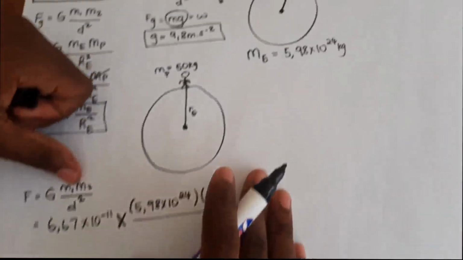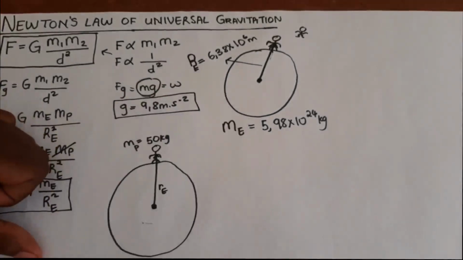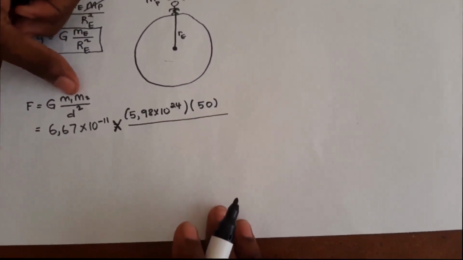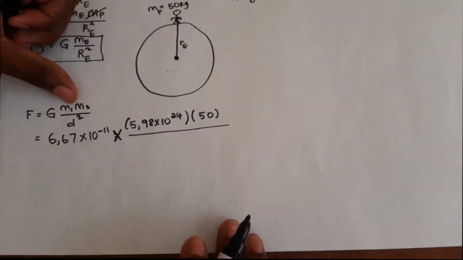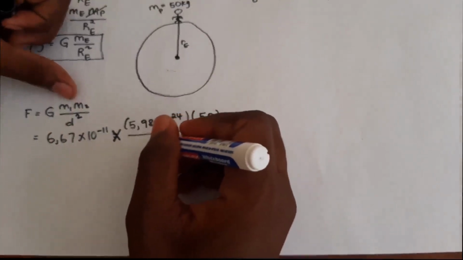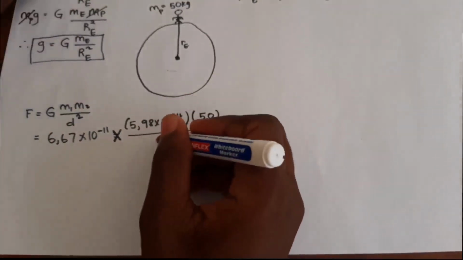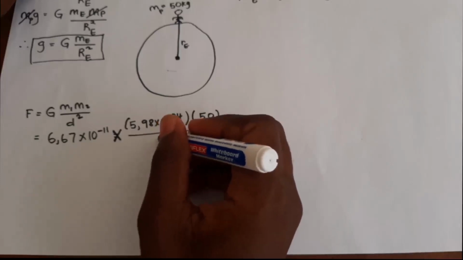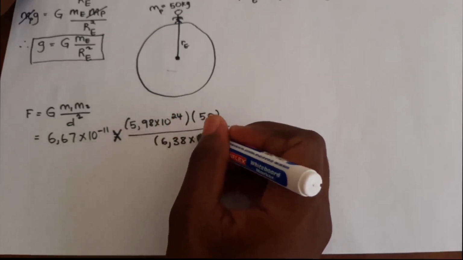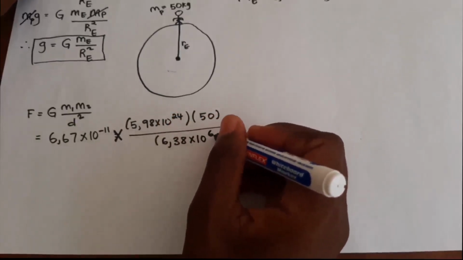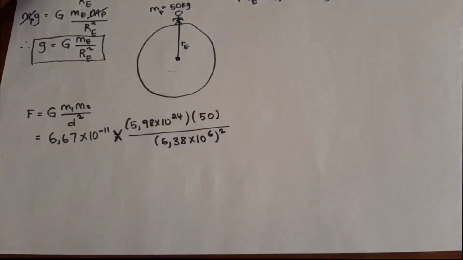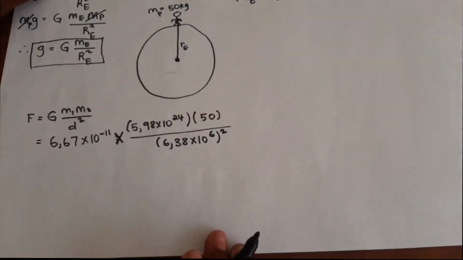It's 6.38 multiplied by 10 to the power of 6, squared. I hope you're with me.